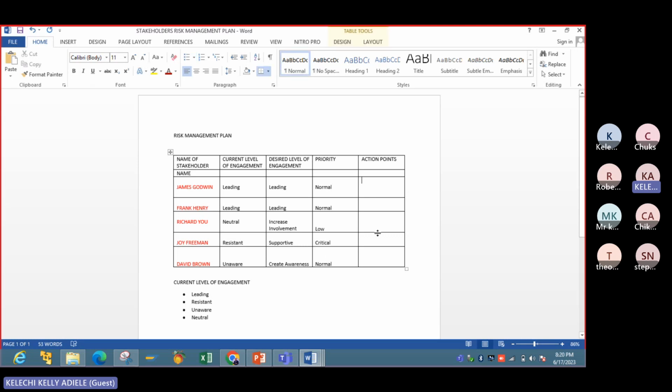Then you can have action points. Every other thing is okay. We have action points like this person now. We have to increase involvement, increase daily communication.